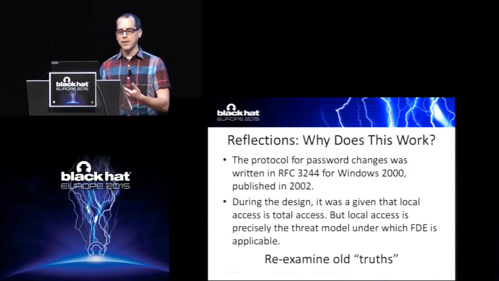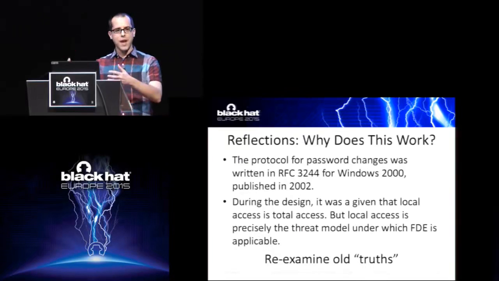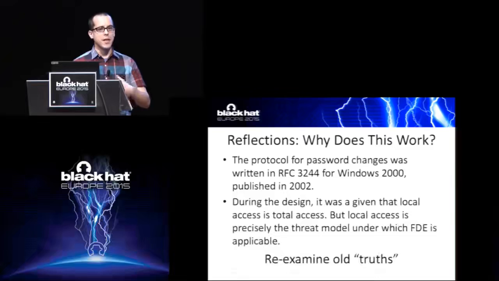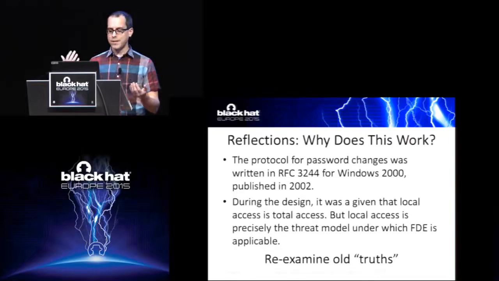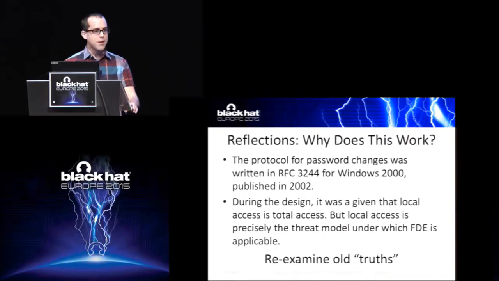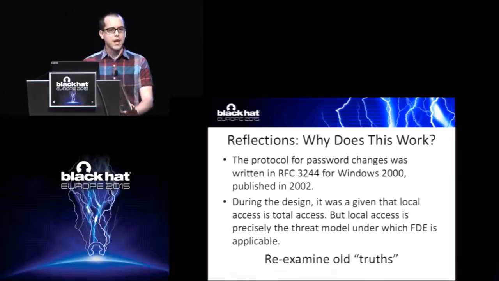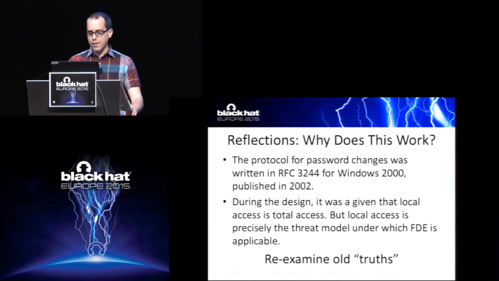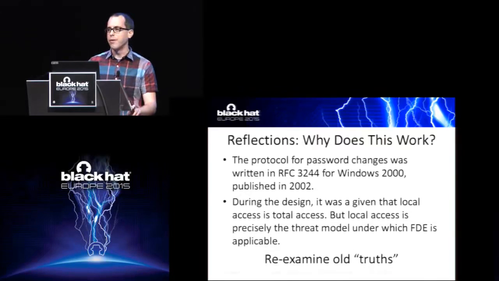And I don't think this kind of threat model existed as part of the protocol design, where you can physically access the workstation and the network, and you control the DC, and somehow you're still attacking the local machine. That wasn't part of the threat model. But as Haroon said in the keynote yesterday, we need to re-examine old truths. Threat models change, and this is a perfect example where old assumptions don't apply anymore. So I think that's a good lesson in this context and others to remember.